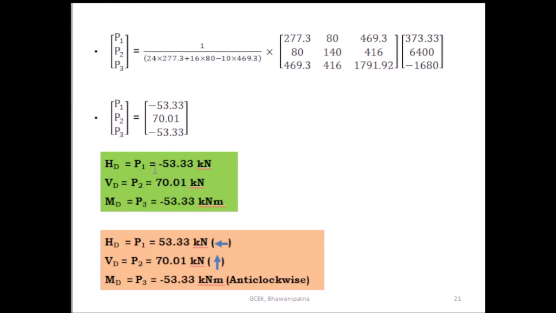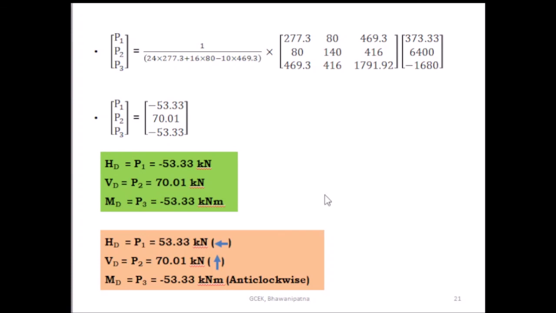But here you got a negative value. Before solving the question, you assumed the horizontal force in the right direction. So the horizontal force at D is actually in the left direction, and the vertical force at D is positive, as assumed. For the moment, you got minus 53.33 kilonewton meter.